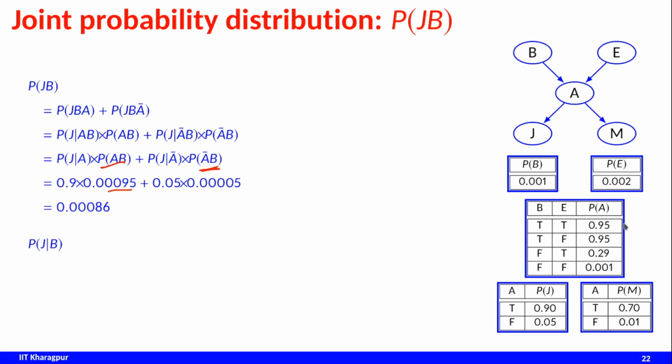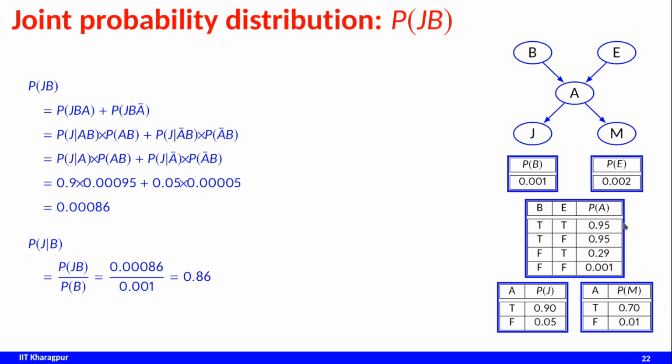Now if I want to determine the probability of J given B, we can proceed in the same manner. It will be the probability of JB divided by the probability of B. The probability of JB we have just determined, which is 0.00086, divided by the probability of B, which is given in the conditional probability table.